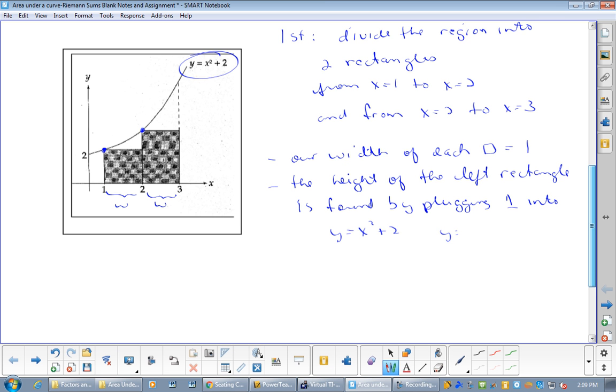So y would equal 1 squared plus 2, which equals 3. So the height at 1 equals 3. Okay, the second rectangle.